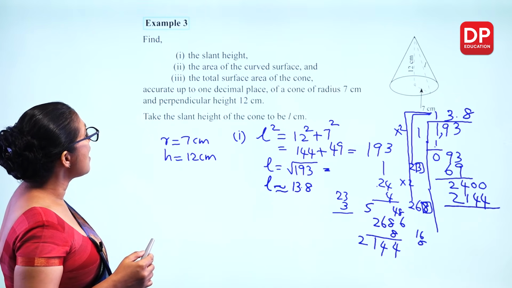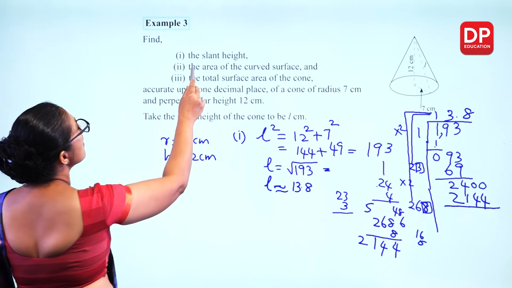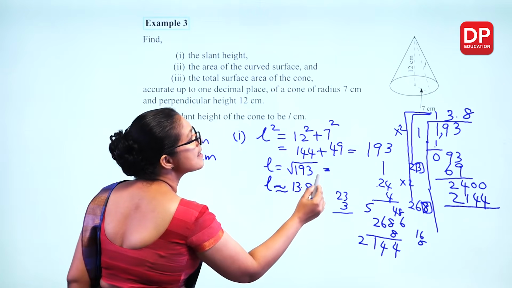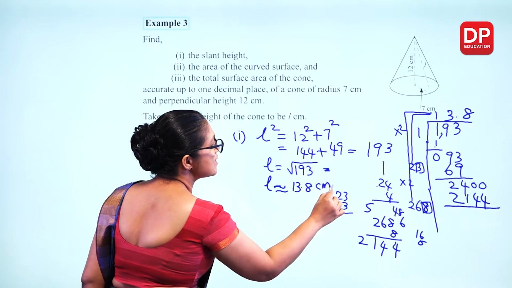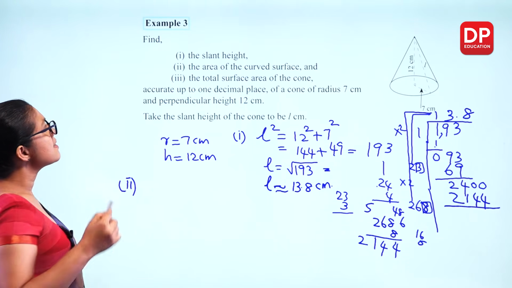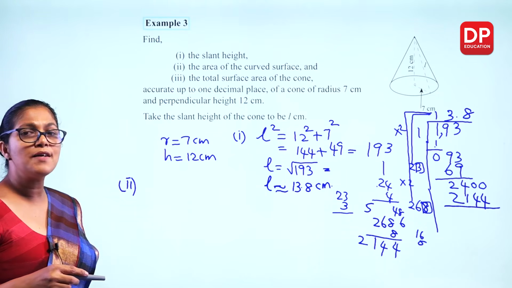So the question asks, the first part, to find the slant height. What's the unit? This is centimeters. Now what's the second part? The second part is the area of the curved surface.